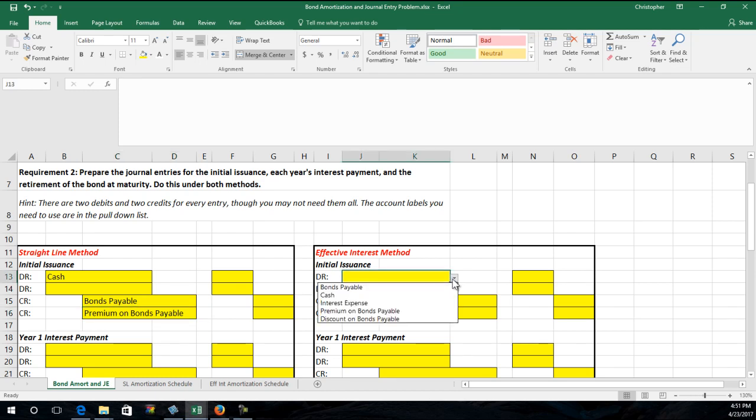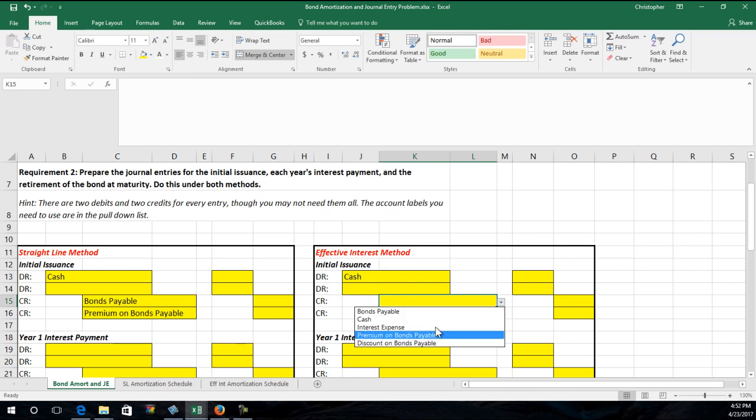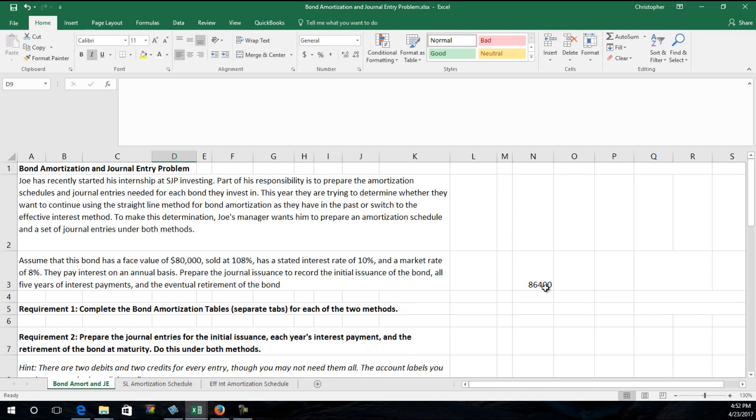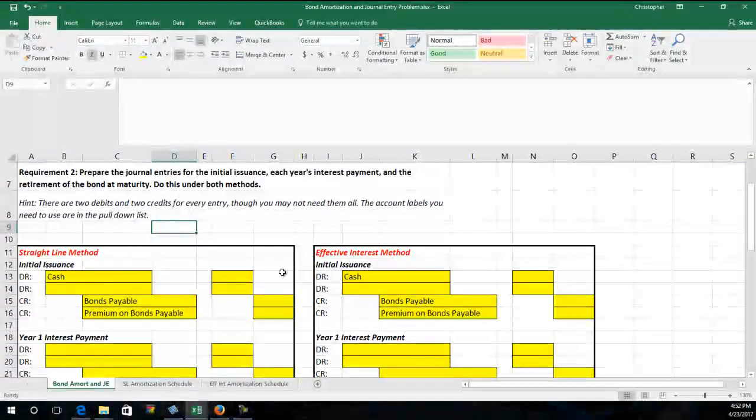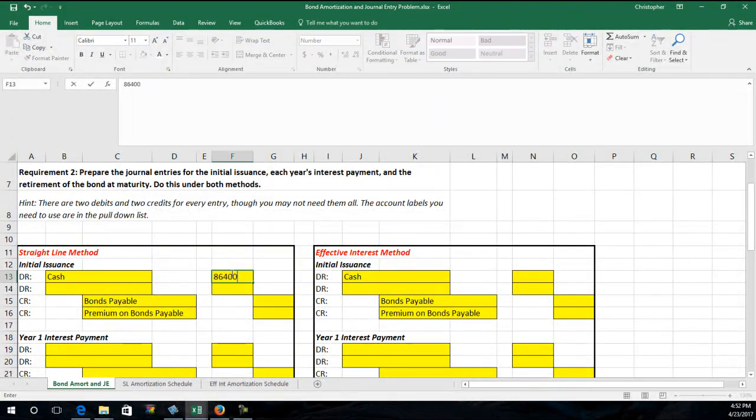This will be the same under both methods. The entry is identical under both methods, the initial issuance entry. And if we take a look at it, remember we sold it at $86,400. So that's how the entry would go there.